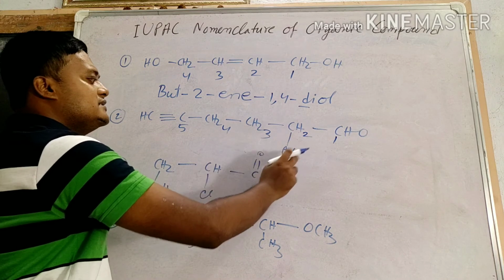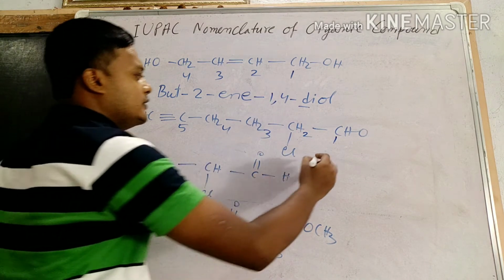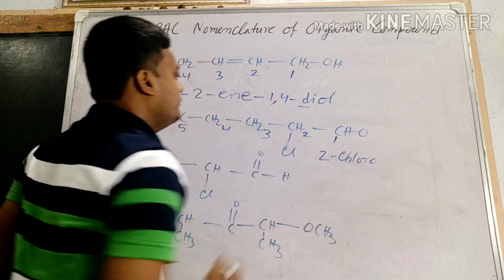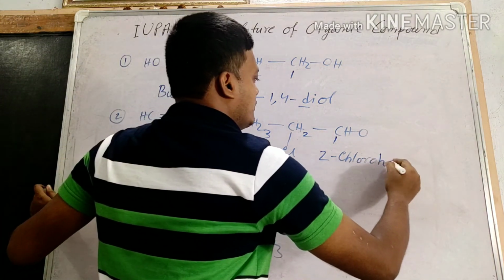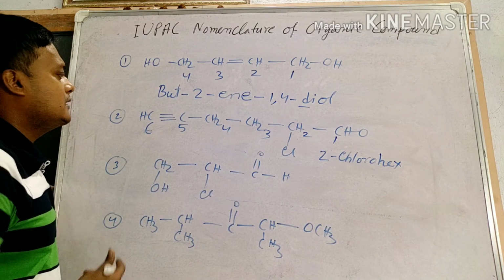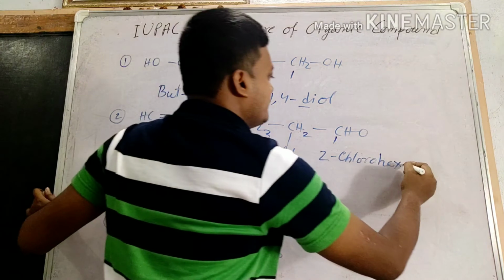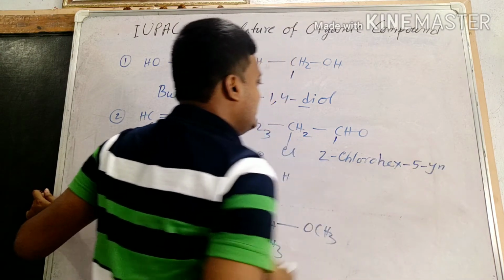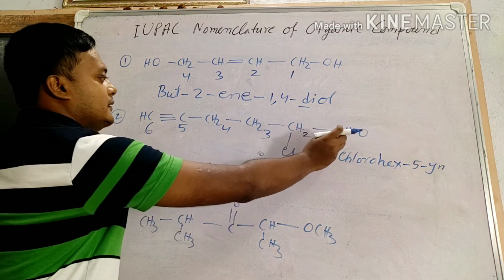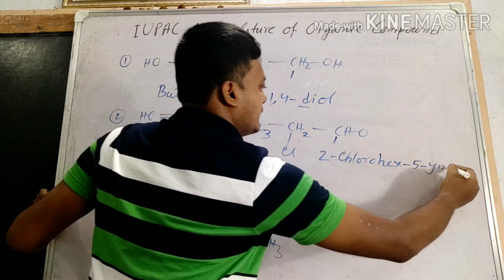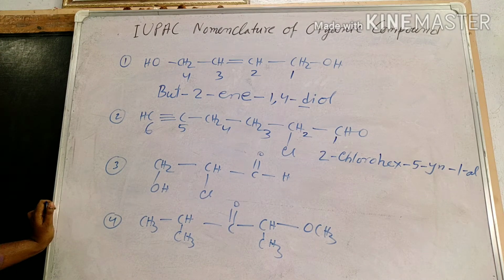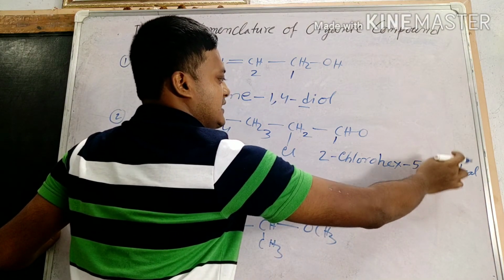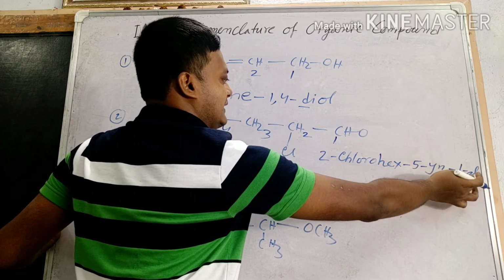In this case branching is there, so we will start the nomenclature with the branching. 2-chloro, next word root, total 6 carbons, so hex, 2-chlorohex. Now the triple bond is in the 5th carbon, 5-yn, and CHO in the first carbon, 1-al. So 2-chlorohex-5-yn-1-al. As the 'a' is there, the 'e' of 'yne' will be missing.